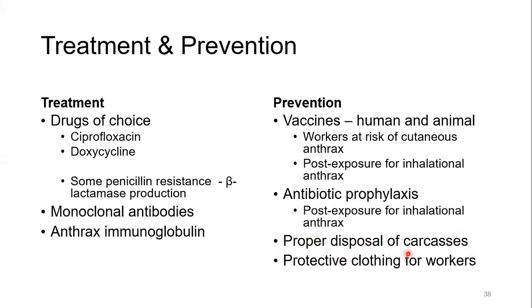If a cow dies, it should be inspected and then disposed of if it's identified as having anthrax, but we know that people eat them, which is not good. And then provision of protective clothing for workers.